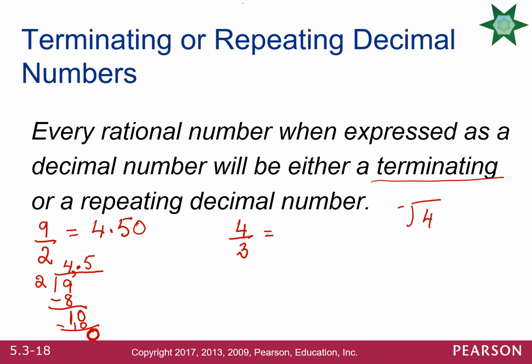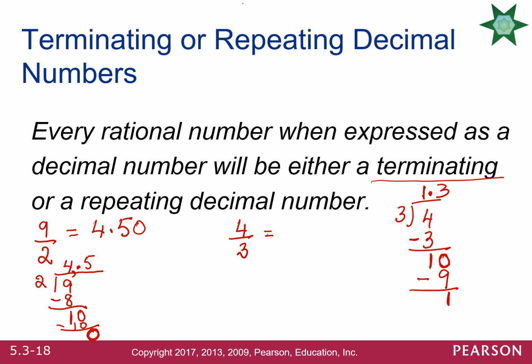So 3 times 1 is 3. I write the 3 below the 4, and there's a remainder of 1. I have to put a decimal point next to the 1 in the quotient, and then I can put a 0 next to the 1 in the remainder. Now, 3 times 3 is 9, correct? So I put the 9 below the 10, and 10 minus 9 is a 1.